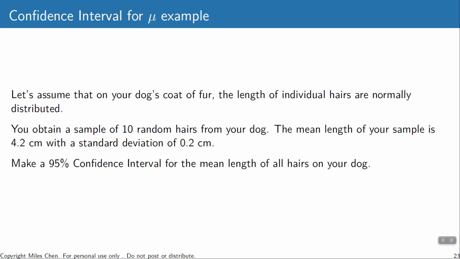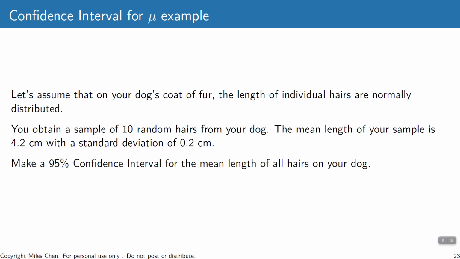And so here's a silly example. I have a dog, and he's a Shiba Inu, and he has so much fur, and he sheds a lot of fur. The other day I was brushing him and gathering up his hairs, and I was just like, I wonder what. So anyway, this is a silly example. Okay, but let's say we took 10 random hairs from the dog, and we decided to measure how long each of these hairs are.